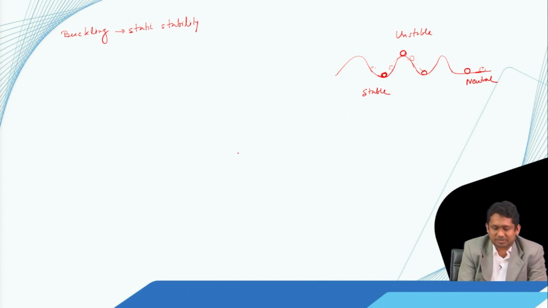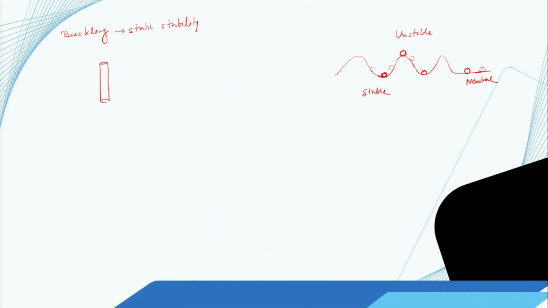Now let us come back to a structure. So let's look at a column, an axial member under some compressive load. So let's assume that this member is under compressive load. And we can draw a simplified diagram of this here.